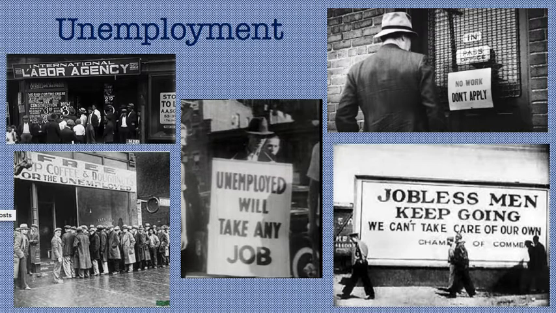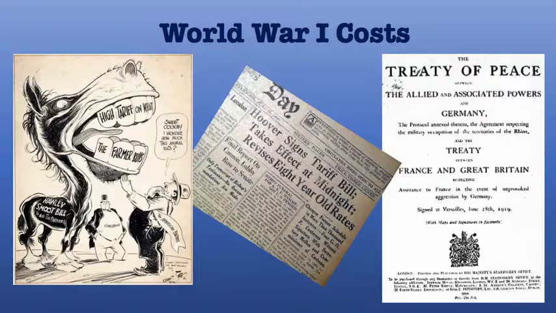Now, President Hoover blamed World War I for the Great Depression as well. Germany owed 33 billion in reparations to France and Britain. And Britain and France owed the US 10 billion. Now the only way Germany would be able to pay France and Britain the reparations was by borrowing money from the US banks.